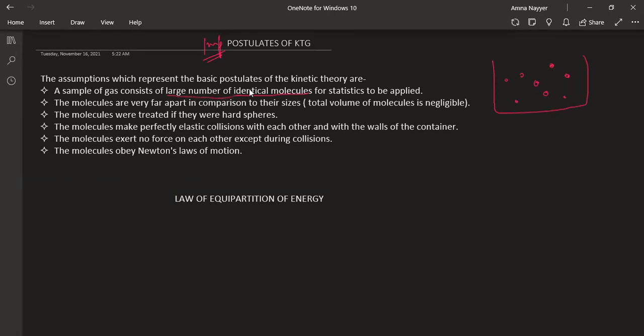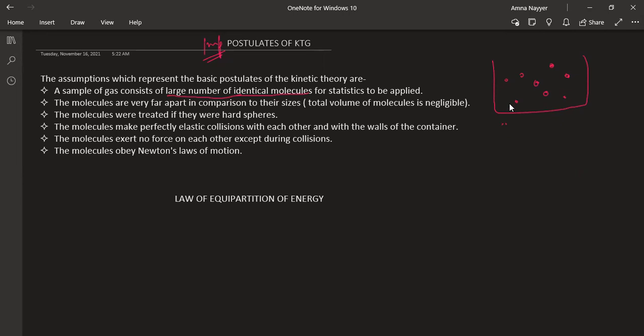Second postulate says that total volume is almost negligible. This means they are very far apart in comparison to their sizes. These molecules are so small that when you see them, you will think both molecules are at this much distance from each other.